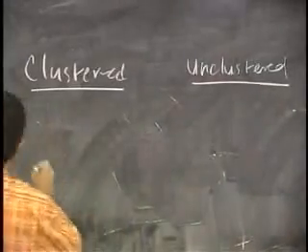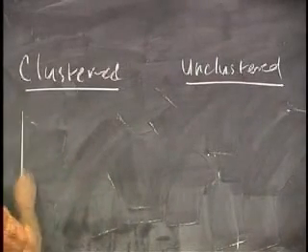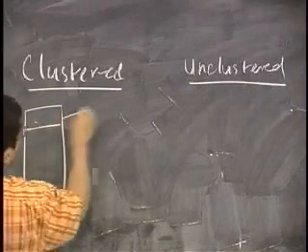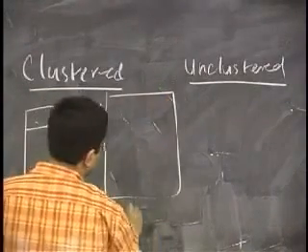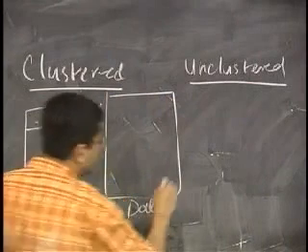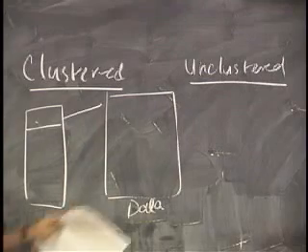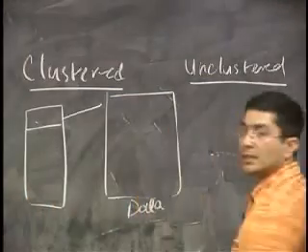In clustered, there is a row in the index for each row in the data. And in unclustered, you don't have that.